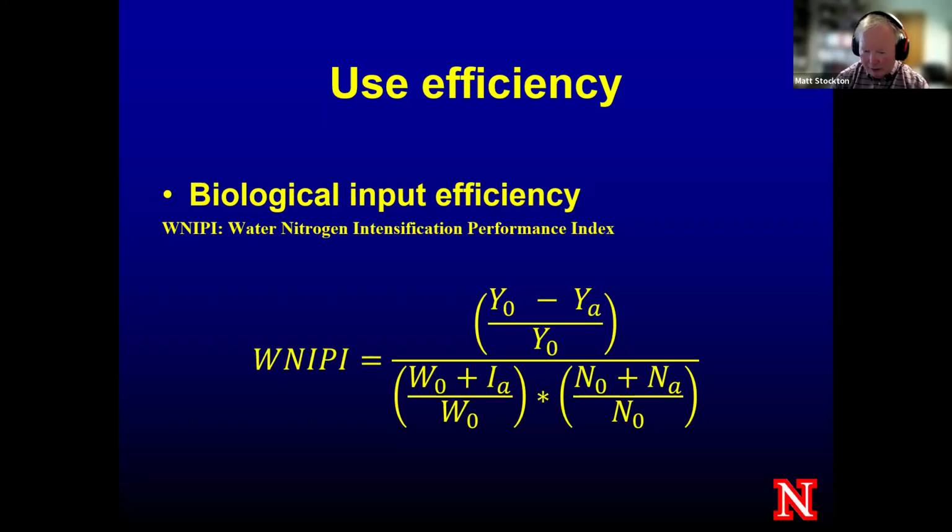This would be acre-inches, a typical way to measure this per acre. And then your next one is the nitrogen. You have the nitrogen and you add that. Then you multiply those two percentages together, which would be obviously greater than one, both of them, and you come up with some number which is going to be larger than the small one in the numerator. And so you're going to get a number probably less than one.